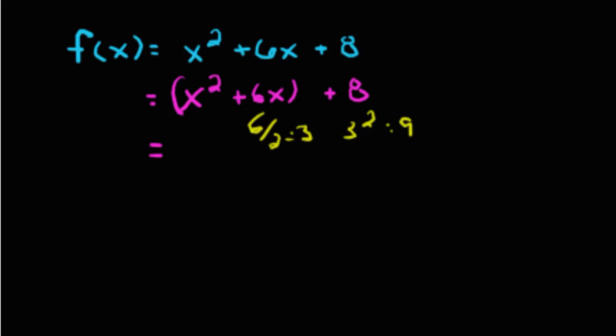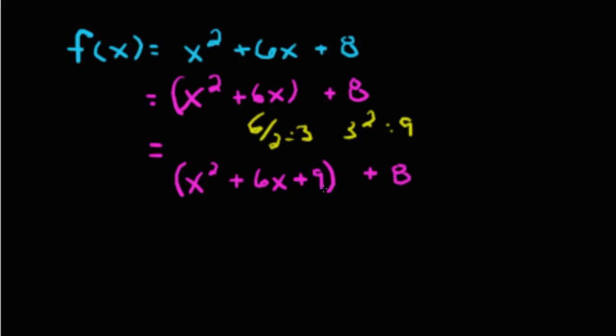So that's what we're going to add to our parentheses term here to complete that square. Say x squared plus 6x plus 9 and plus 8.